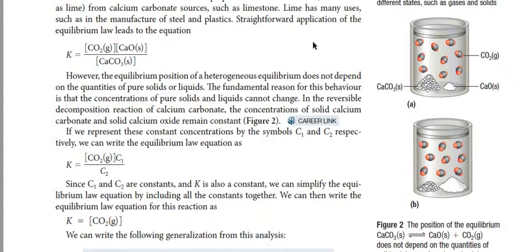So basically, we just write this equilibrium concentration only for gases and also for aqueous solutions. So we don't write it for liquids and we don't write it for solids. Why? Because as we said, the concentration of pure solids and liquids cannot change.